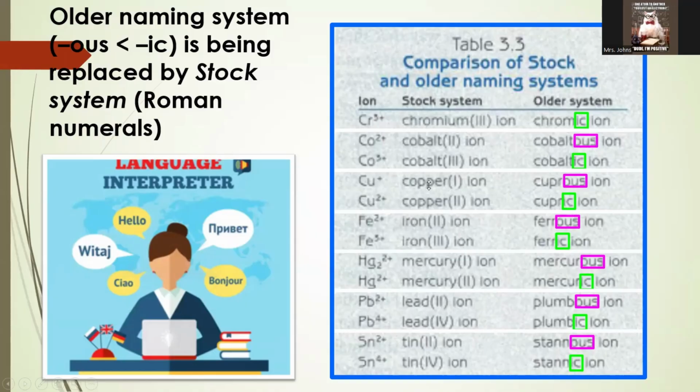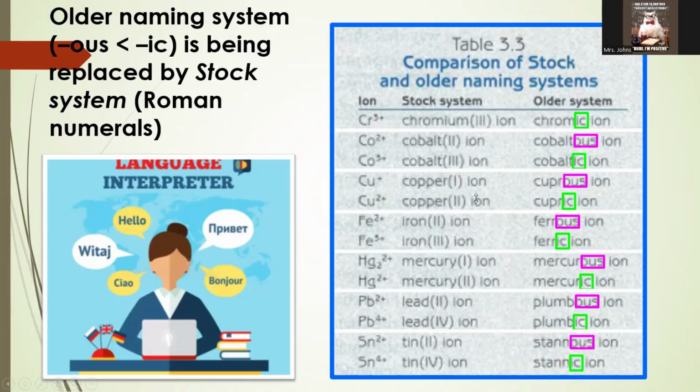The same with copper here. The smaller one has a 1+ charge, and the bigger one has a 2+ charge. So cuprous and cupric. So this one had 2 and 3, and this one has 1 and 2. It's hard to remember, unless you're a chemist, whether copper will make twos and threes or ones.